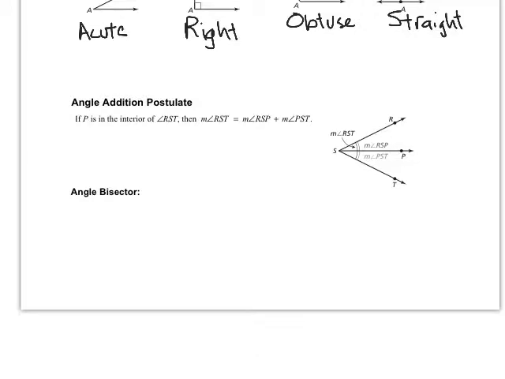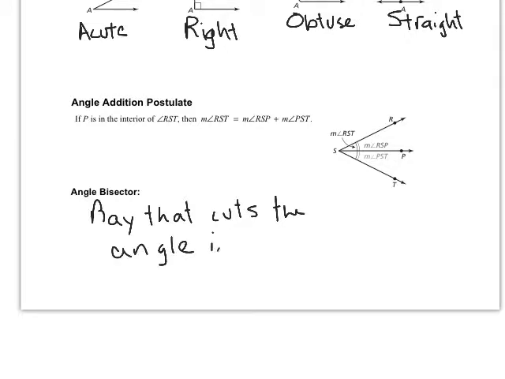Angle bisector. What does that bisector word mean again? Center. Kind of. Cut in half, right? So bisector means it's cutting in half. We saw segment bisectors that cut the segments in half. Angle bisectors are going to be a ray that cuts the angle in half.